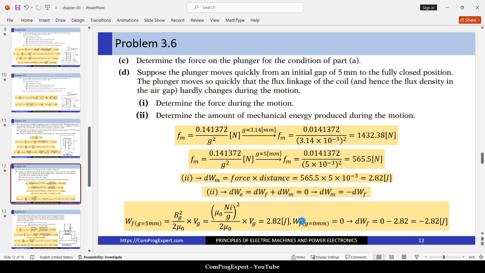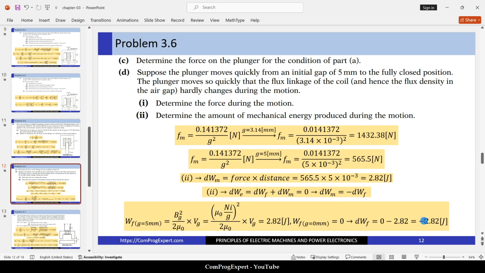What is the stored energy in the gap when the gap is equal to 0? The volume is 0 and the energy stored in the air gap is 0. The air gap is closed. So dWf, the change in the value of the field energy, is 0 for the second position minus the energy for the first position, that is negative 2.82.